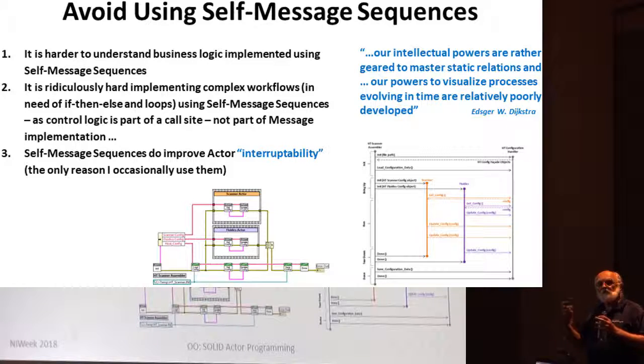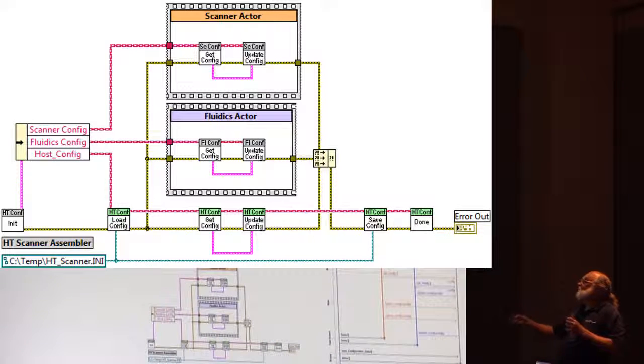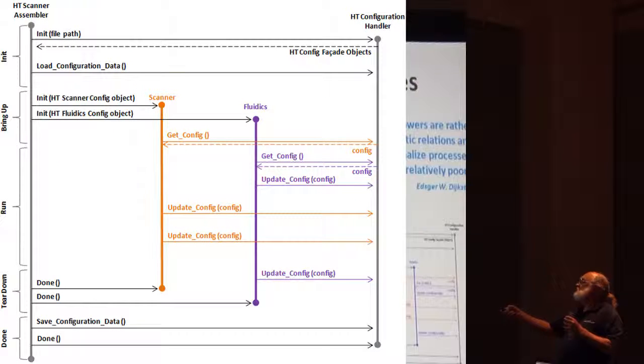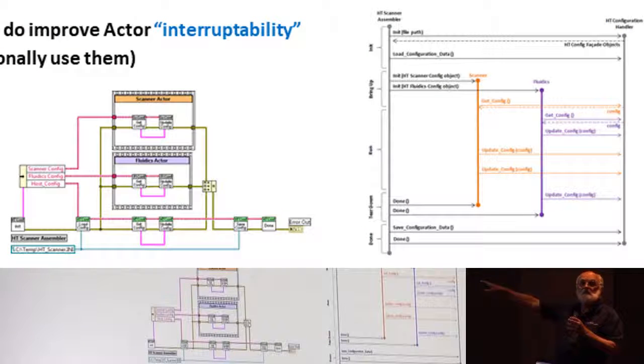You need to go through whatever messages, message classes if you're using command pattern, or the case frames inside the actor to figure out how this all plays out. It's much easier to look at the data flow diagram and see what's going on than to look at the sequence diagram. These two do the same thing. It's much harder to understand the sequence diagram, at least for me.